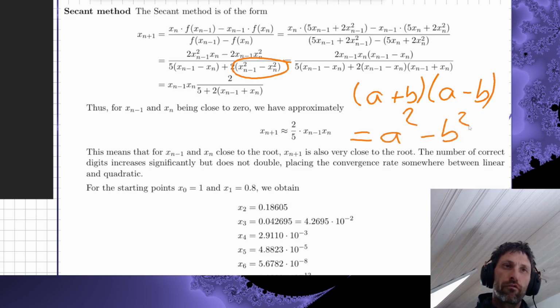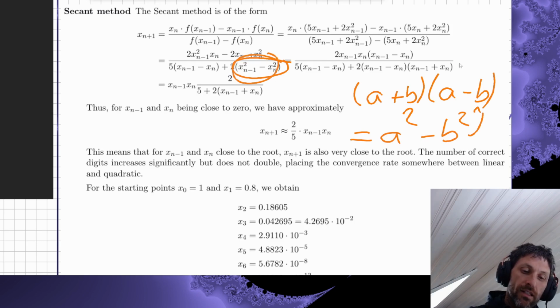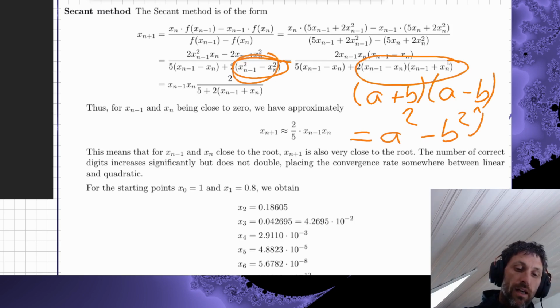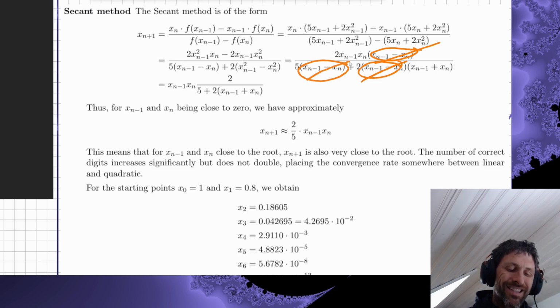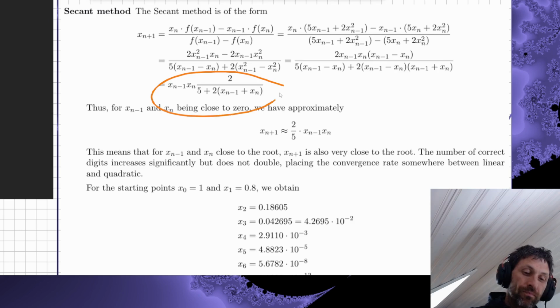You can use the formula from top down, and we do the opposite. We use it from here to here. So you can write that in that form. And if we did so, we find it here, we find that here, and so you can cancel that and you get this one.